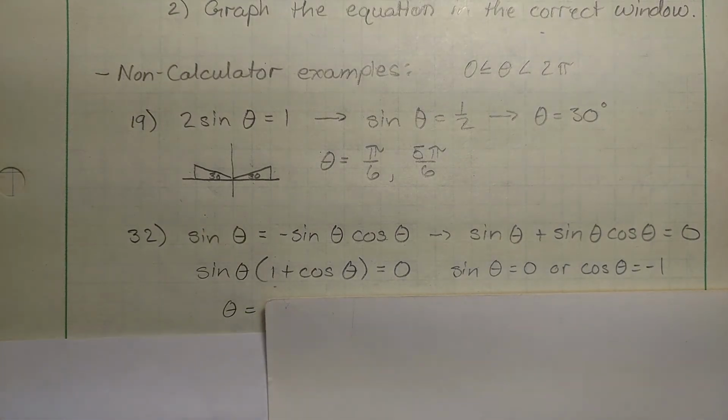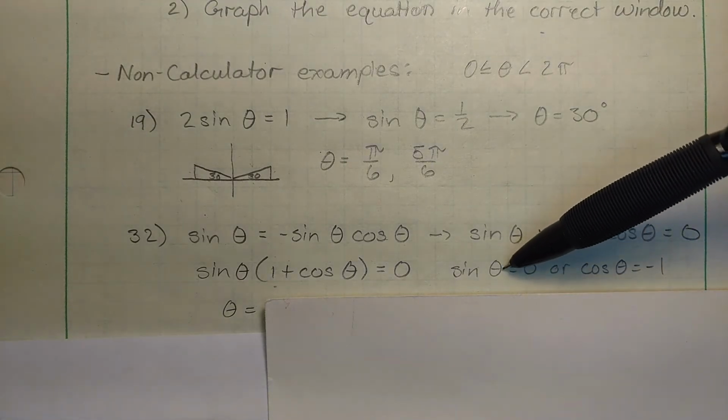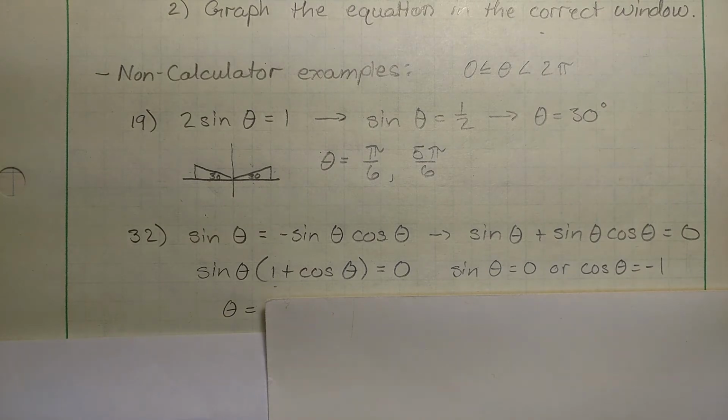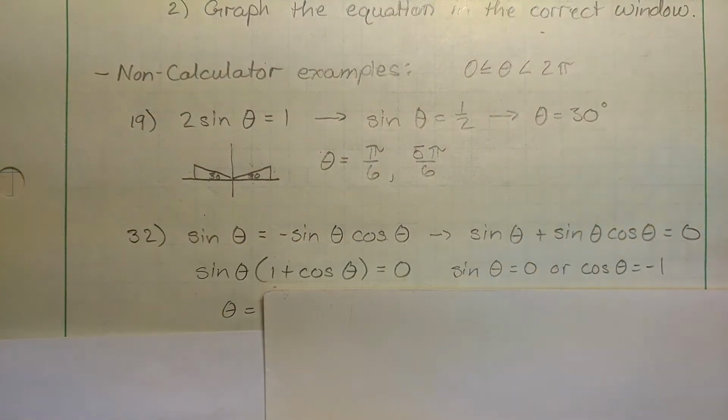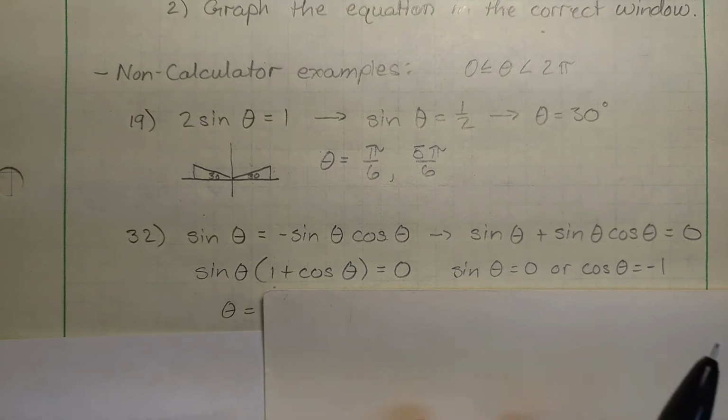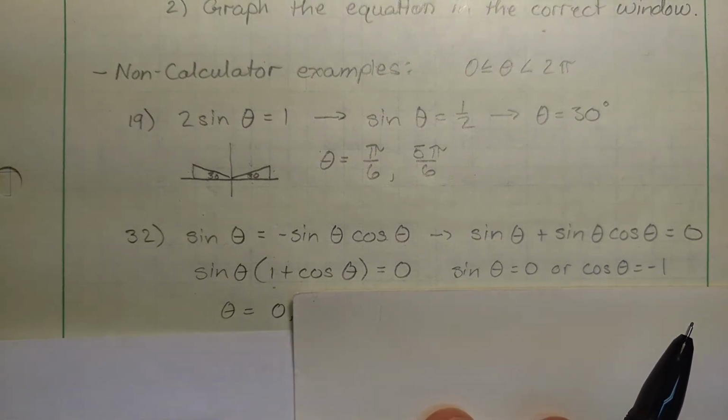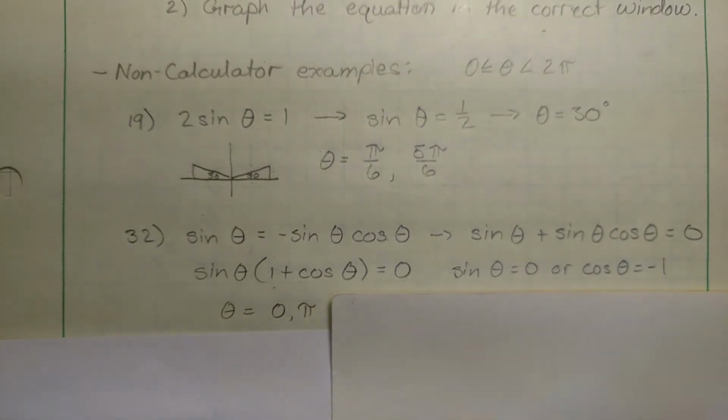If we think about that for a moment, that's where the opposite side is 0. So the opposite side is going to be 0 when we are straight along the x-axis. That's where we have no opposite side. So that would be at 0, and then over the negative x-axis at pi.